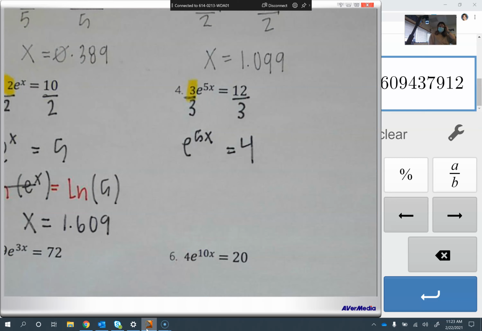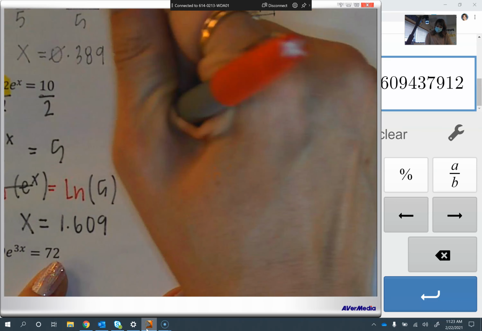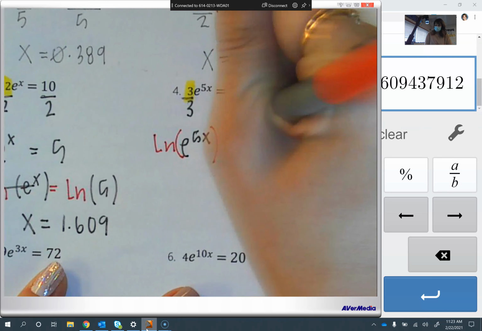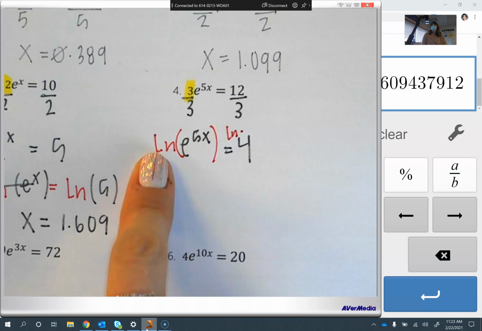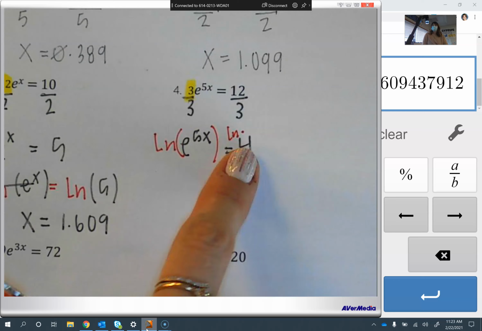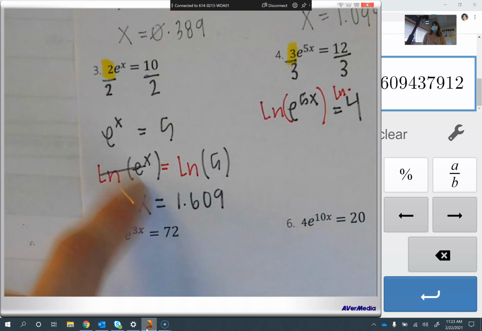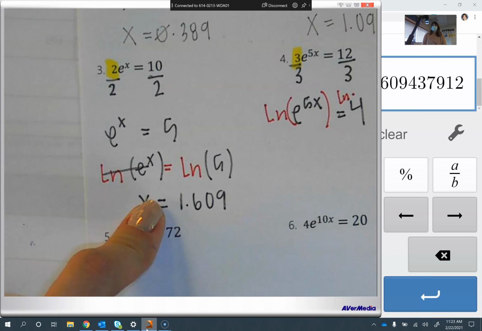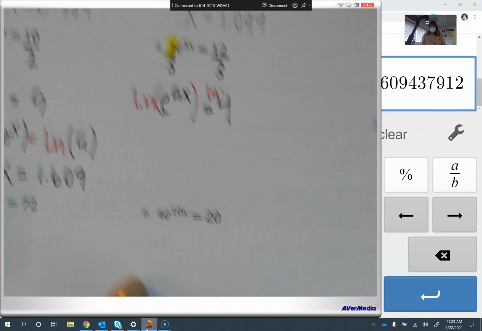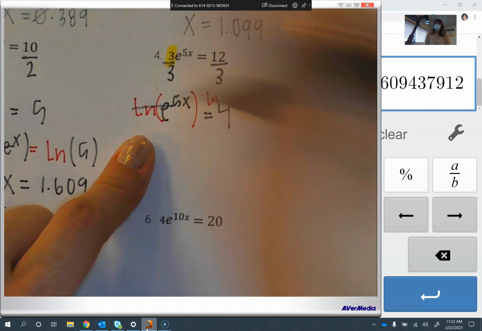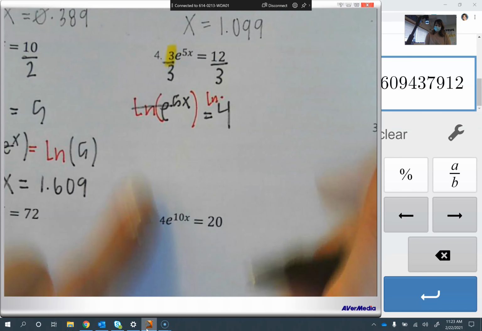Now you can take the natural log, and if you don't like to rewrite it every time, you can just start doing this in your notes. Like on this step, you can take the natural log. I break it out so you can see my work step for step so you know exactly what I did. So on this left-hand side, you have 5x.